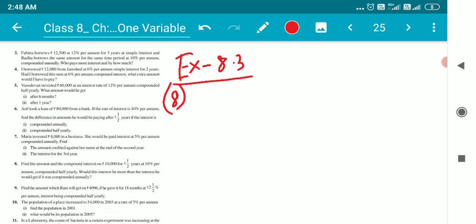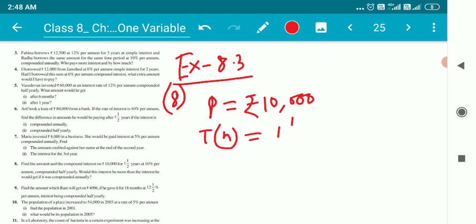Children, as we all know, understanding the question is more important, so we are going to understand the situation first. What is being asked? Find the amount and the compound interest on rupees 10,000, means principal is rupees 10,000, for the time, which we denote by n, that is 1.5 years, 1 by 2 years.